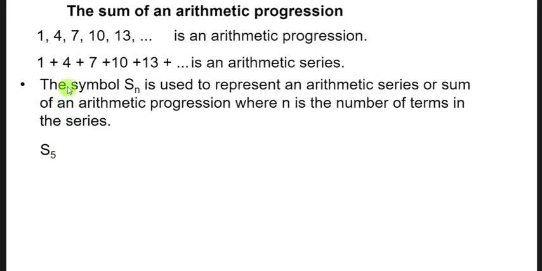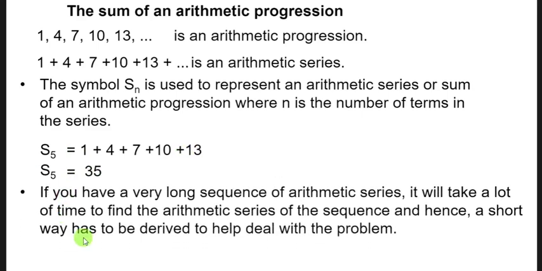It will be equal to 1 plus 4 plus 7 plus 10 plus 13. And the sum of these 5 terms, when you add all of them, is 35.